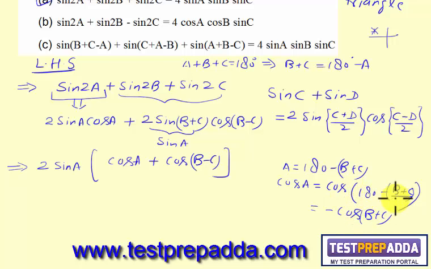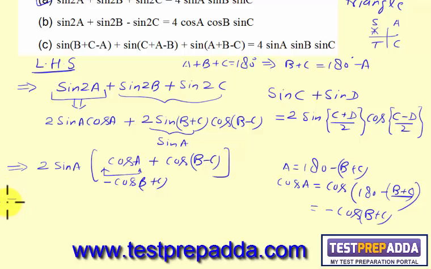First of all, cos (180 minus theta) will remain cos, and since it lies in the second quadrant, recall from school to college, in the second quadrant, sine and its reciprocal cosec are positive, the rest negative. So here cos will be negative. So in place of this, I can write minus cos (B plus C).